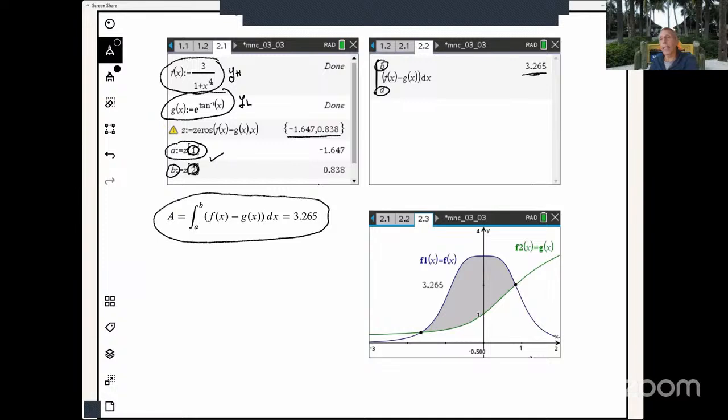Now, you'd probably have to identify A and B. And in fact, I think, Tom, there might be a preliminary part to this question that would say find the points of intersection or find the x values of the points of intersection.